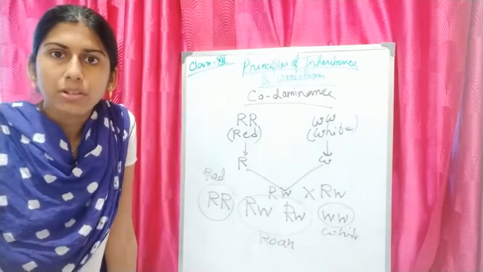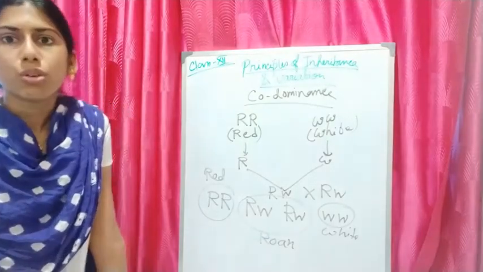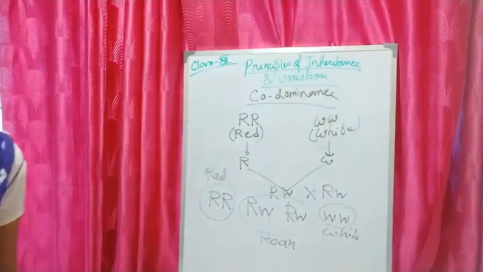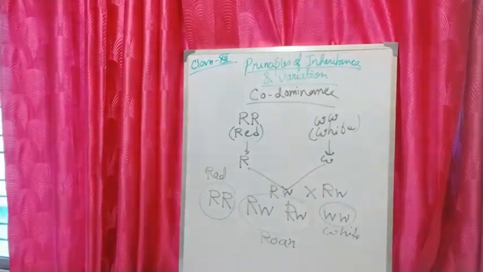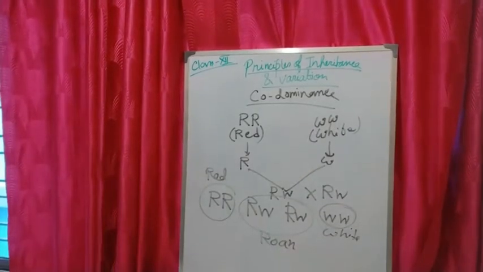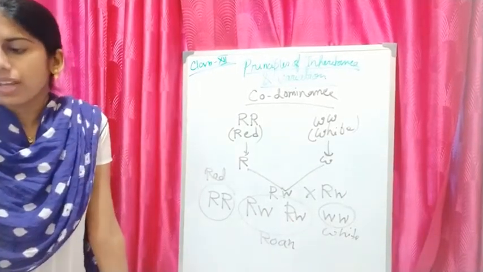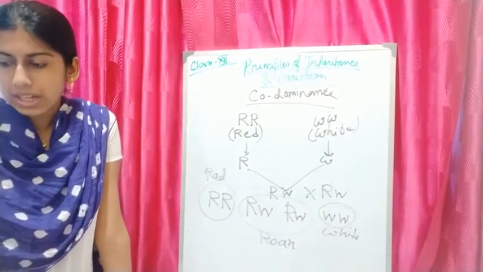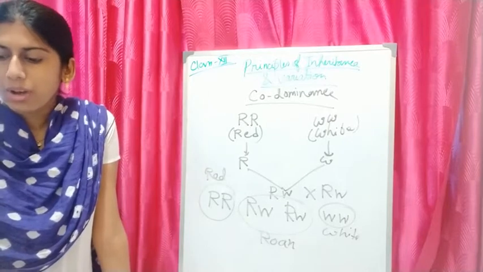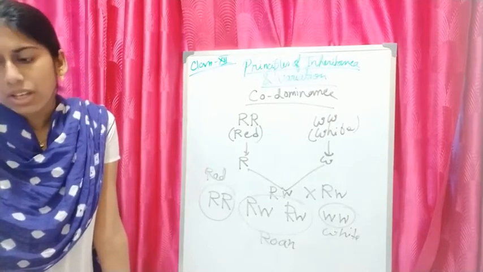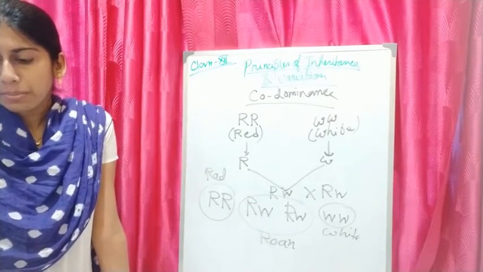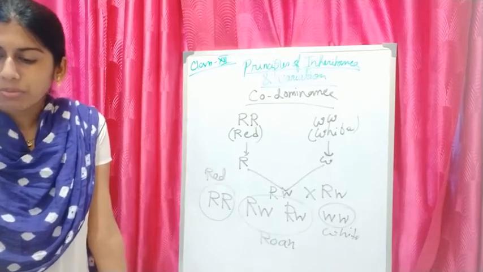So I am repeating what codominance is. Codominance is the phenomenon of inheritance in which two alleles of a gene are equally dominant and express themselves in the presence of one another.